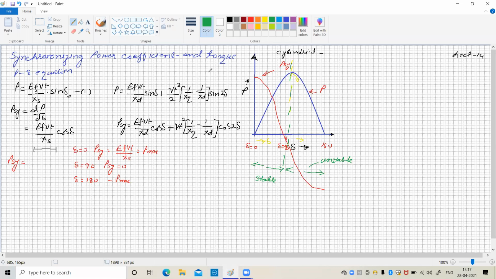So our criterion becomes dP upon d delta, or the synchronizing power coefficient, as long as it is greater than or equal to 0, the system is stable.